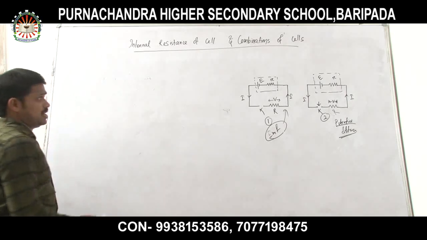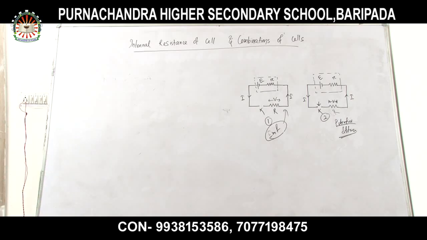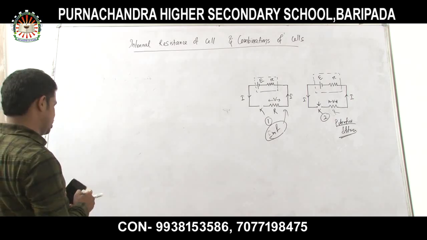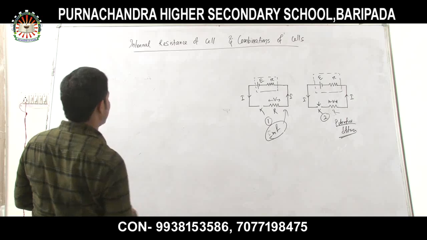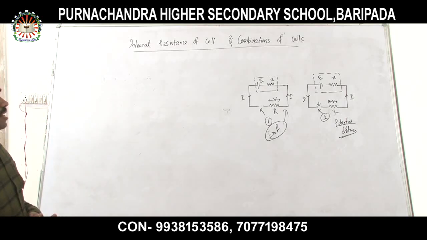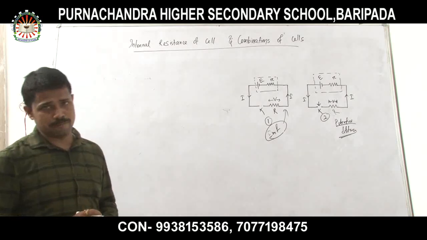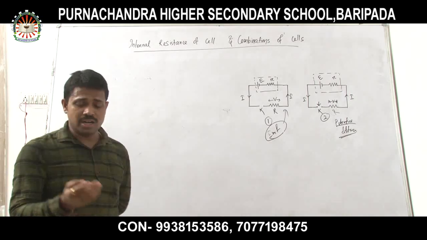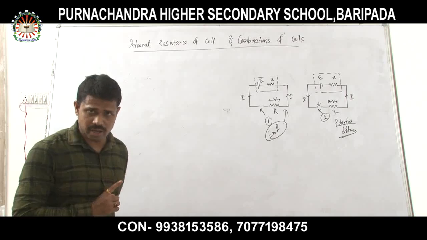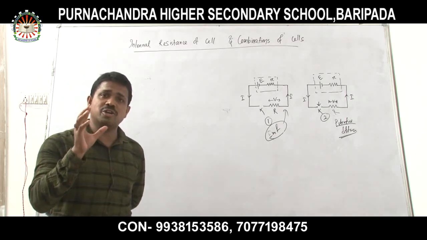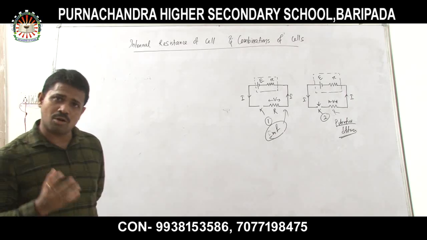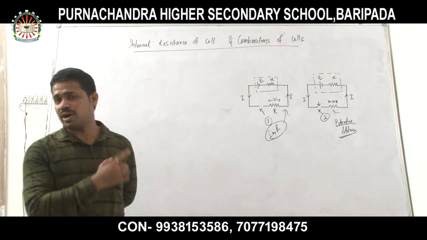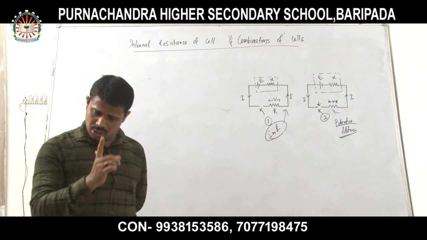Now what are the factors on which the internal resistance depends? Let us discuss on what factors the internal resistance depends. This is very important. The internal resistance of the cell, which is a property of the cell, depends, first point, on the nature of the electrolyte. What type of electrolyte we are using within the cell. First point. Okay, because why?